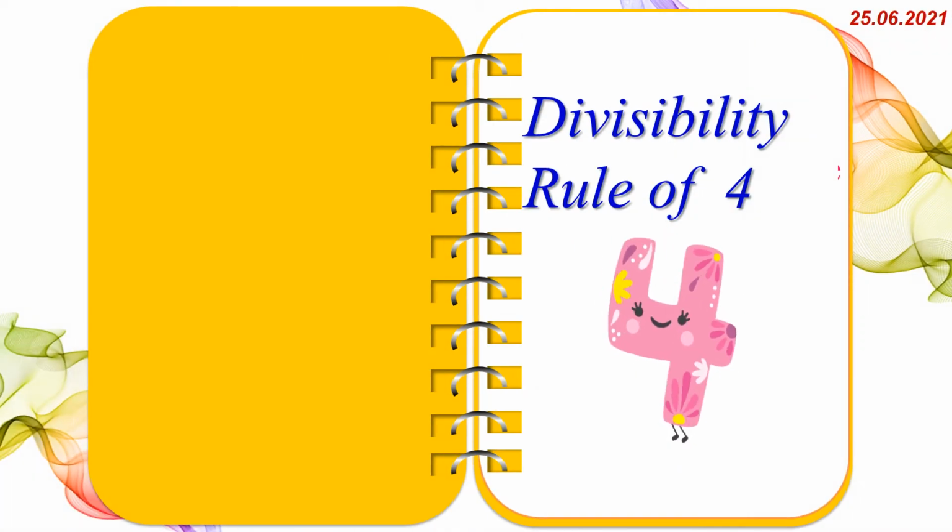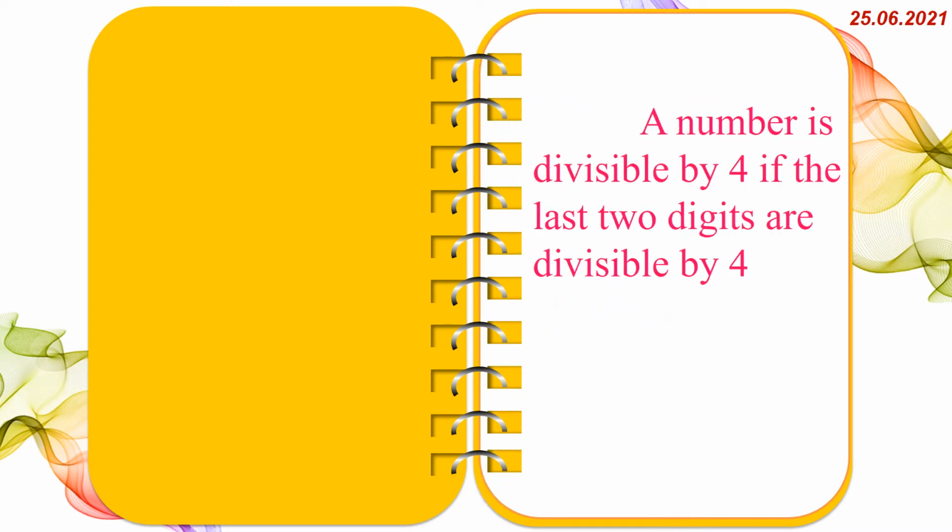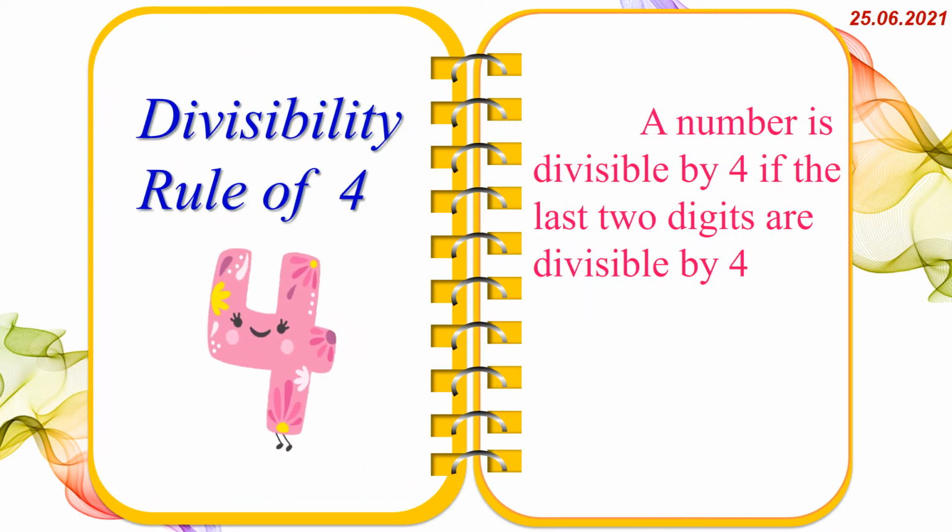Divisibility rule of 4. A number is divisible by 4 if the last two digits are divisible by 4. See children, let us take a 4-digit number.